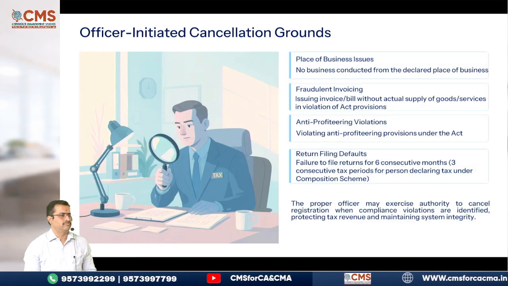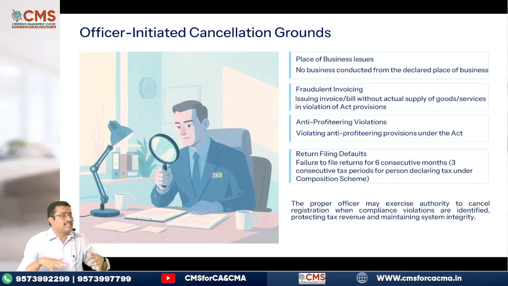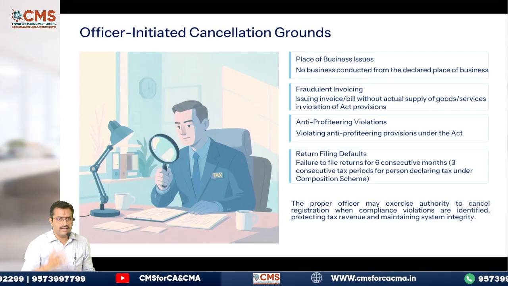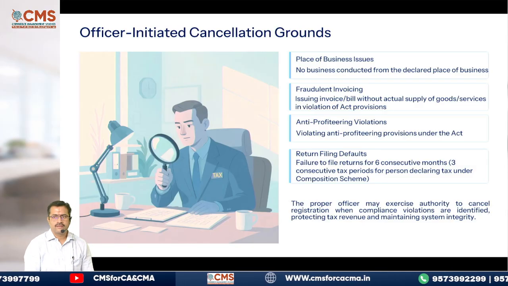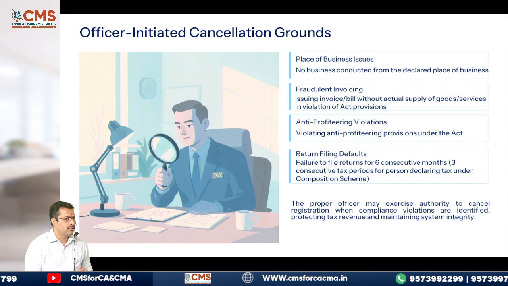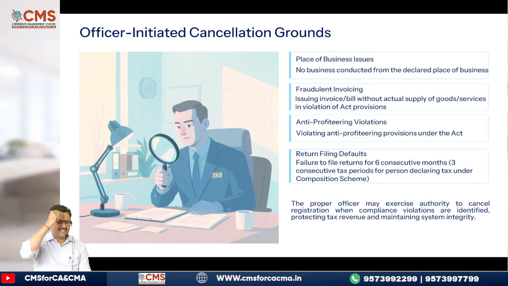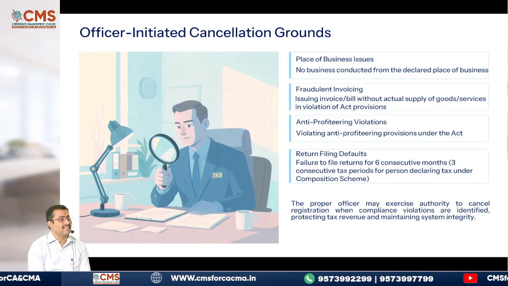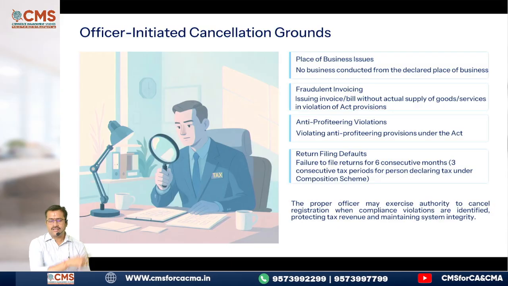It is vacant. Third, the supplier or the taxpayer himself is non-existent. Non-existent means he has already kicked the bucket. He is in the other world. Hence, how will he run the business? It's not possible. Then next, if the taxpayer failed to file GST returns, then also the assessing officer will cancel the registration. So I gave 4 points.